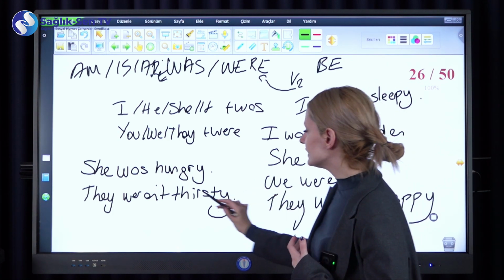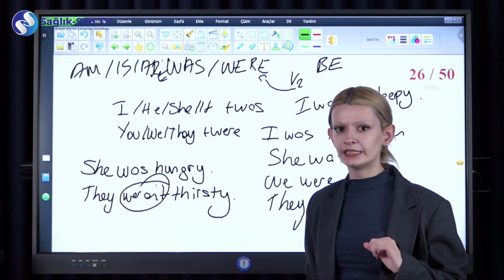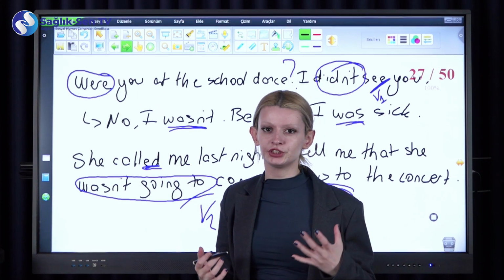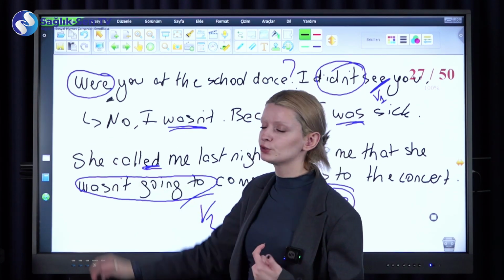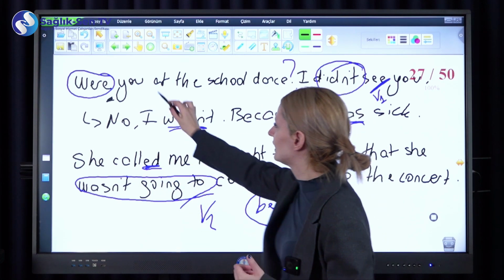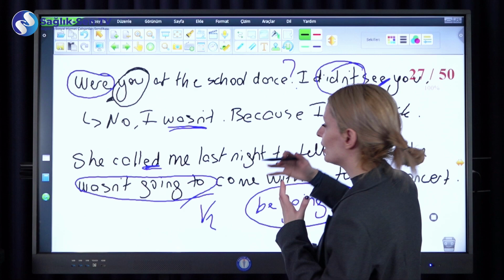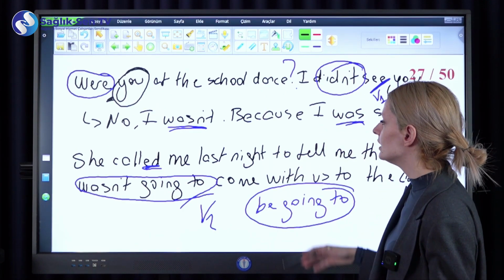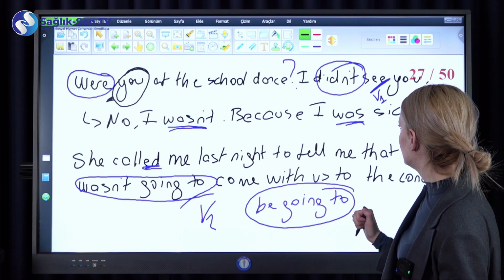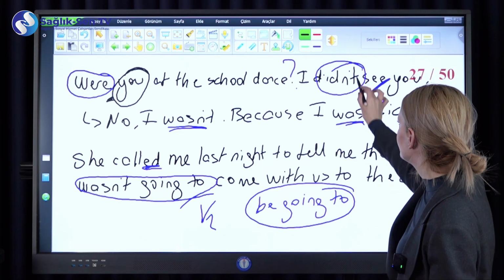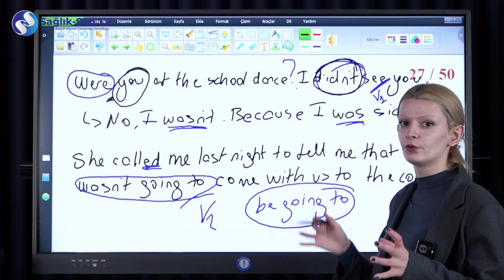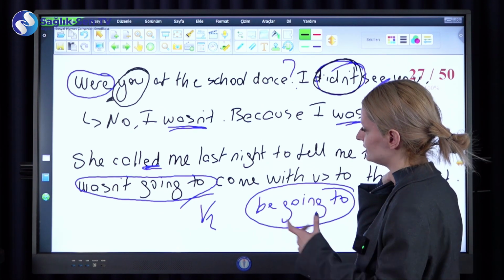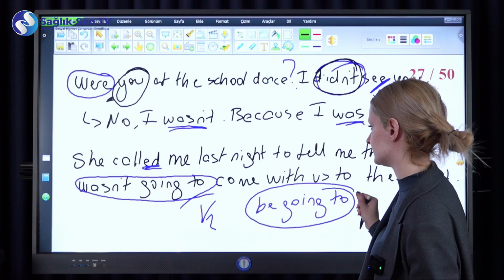So the negative version is wasn't and weren't. And if I want to make a question sentence, I put was, were in the beginning. After that, our subject and whatever we want to express with the sentence. No, I wasn't because I was sick. Here you can see the negative form of the verb. She called me last night to tell me that she wasn't going to come with us to the concert.